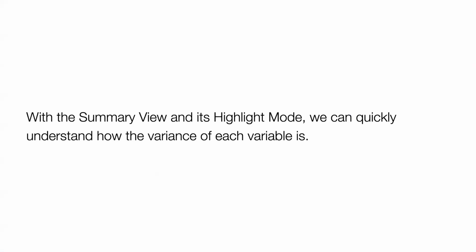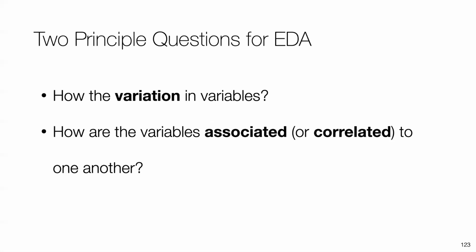With the summary view and its highlight mode, we can quickly understand the variance of each variable. Let's go back to the two principal questions for EDA. The first one we just looked at is how the variables vary. That's the first step, and it's a very important part. When you see the variation, that's actually the opportunity, the beginning of the data analysis.